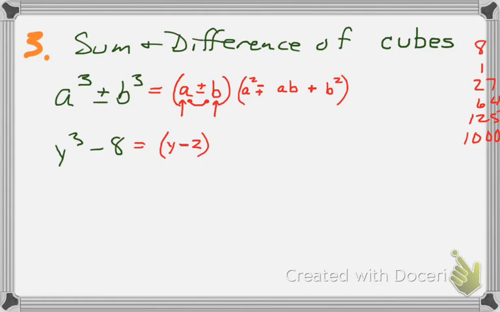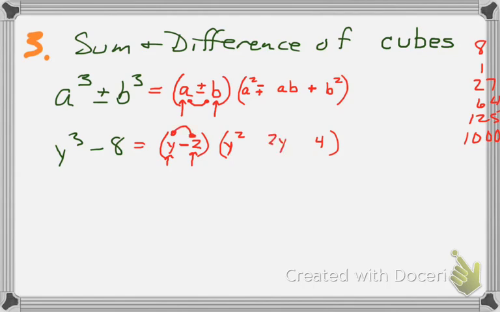Somewhat similar to difference of 2 squares where we took the square root, only this time we're taking the cube root. For the larger parentheses, to get the first term, you square the first term. So y squared. To get the last term, you square the last term, 4. To get the middle term, you take one of each of those and multiply them together. 2 times y, 2y.